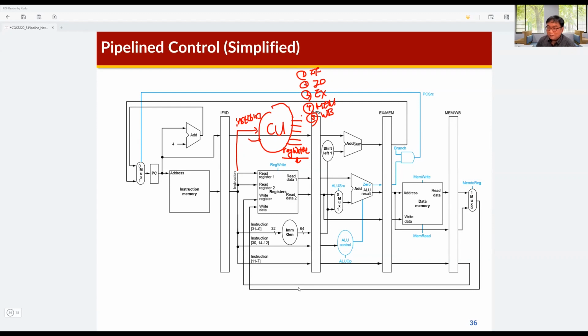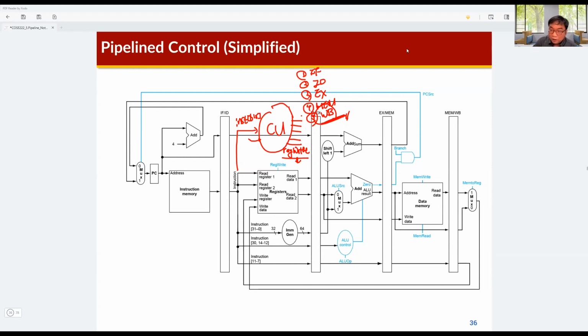From 1 to 5, which stage? Please answer. Okay, it's 5. Why? This reg write signal is required at write back stage.